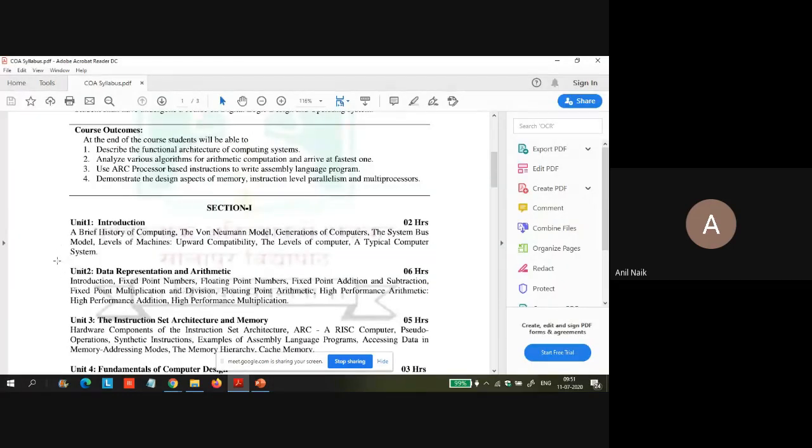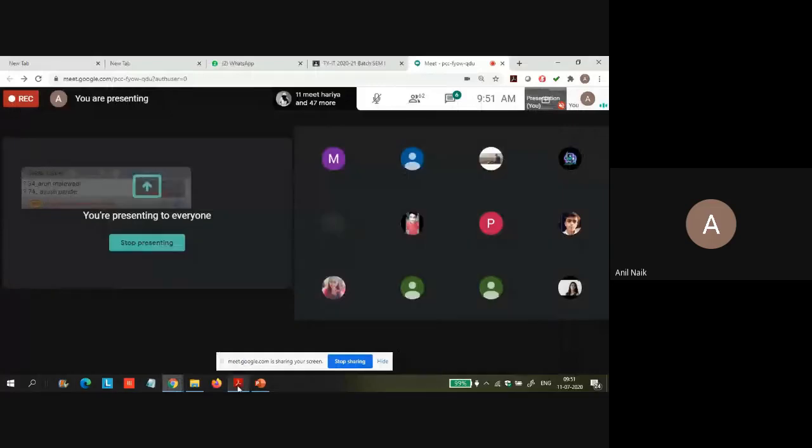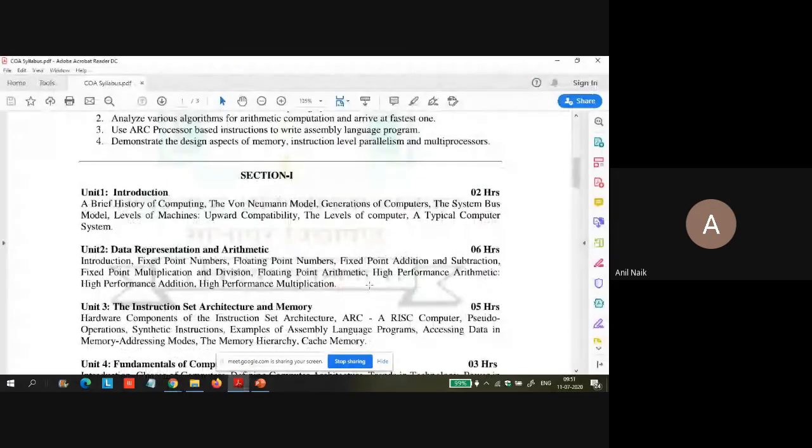Here you will study the mathematical part, how we represent data in a computer: addition, subtraction, then multiplication, division, then floating point data representations, and high performance arithmetic operations.